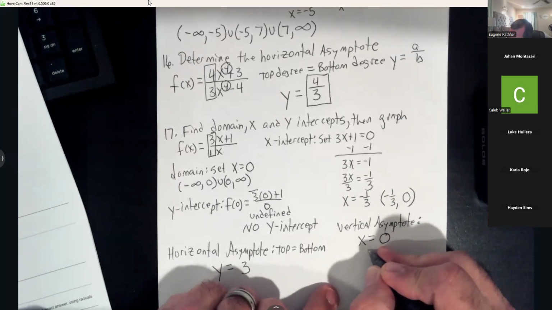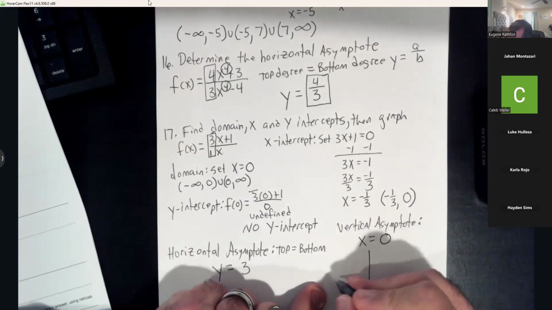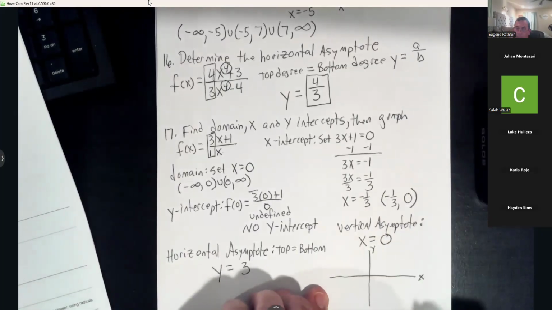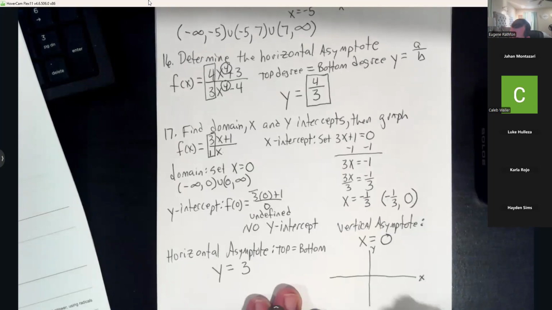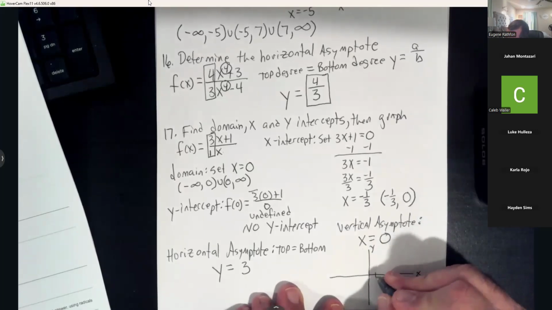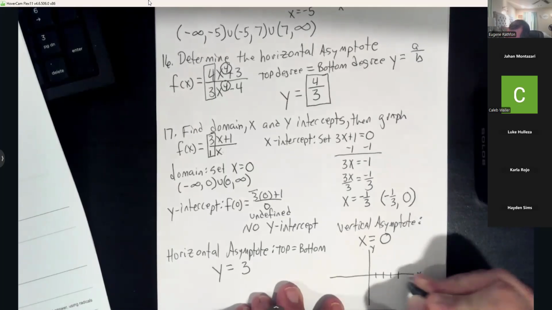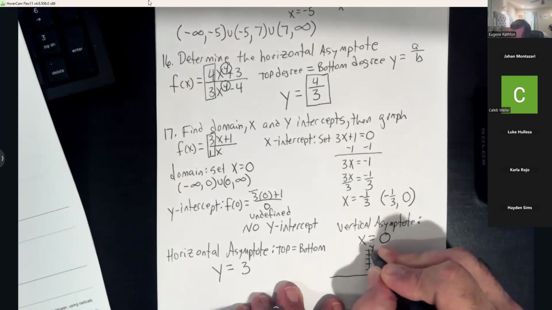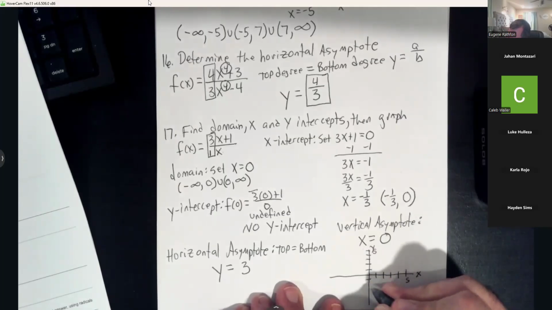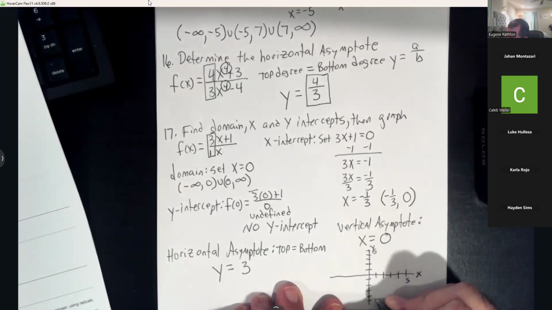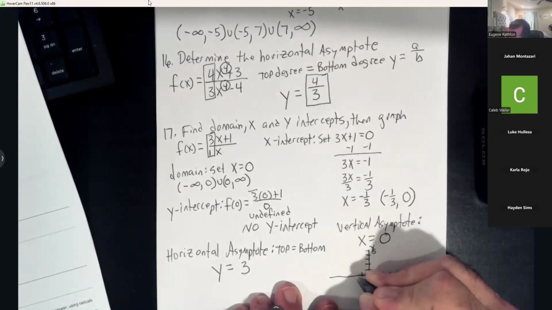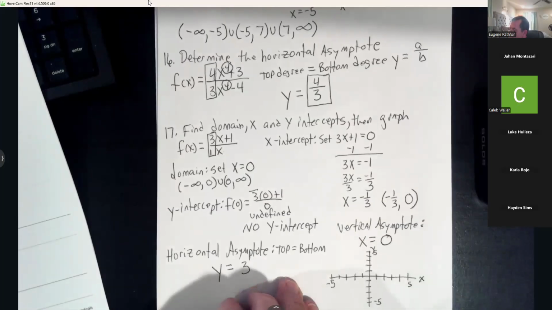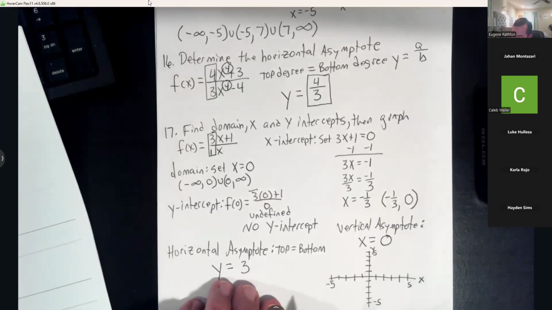Alrighty. So if I was to draw that graph, and y'all, we got small numbers, so I'll go out 5. All right, so what do I know?